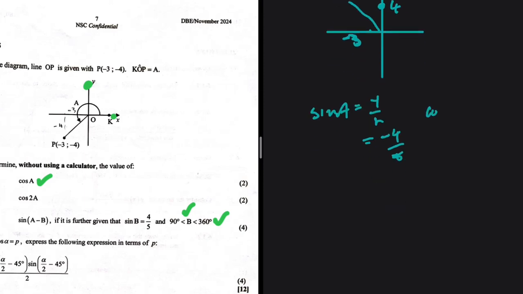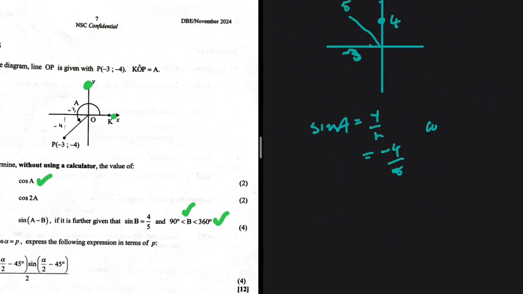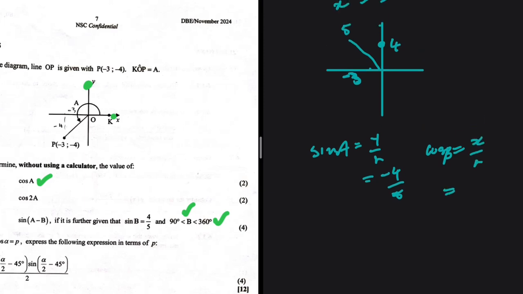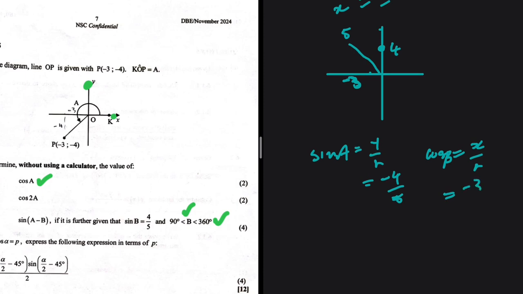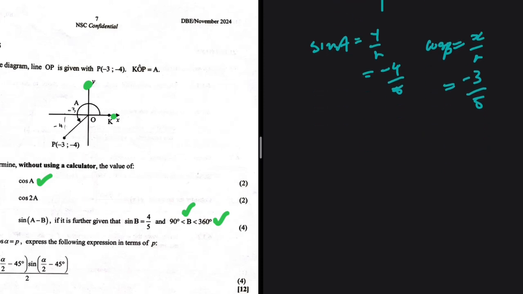And then what about cos? Is it cos that we are worried about? Cos of b, it is gonna be x over r. So let's figure out what that is. X is minus 3, r is 5. So there we go. We have sine a and cos of b.